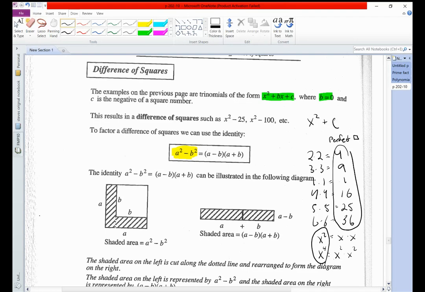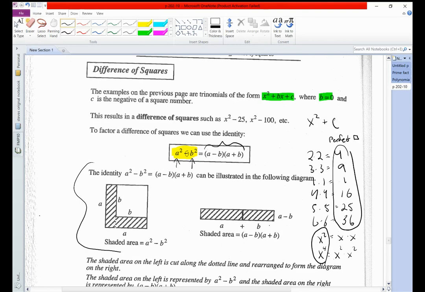So whenever we have two perfect squares in our binomial and a subtraction, we can factor it into a minus b multiplied by a plus b. I'm going to skip this bit here. I think this is confusing.